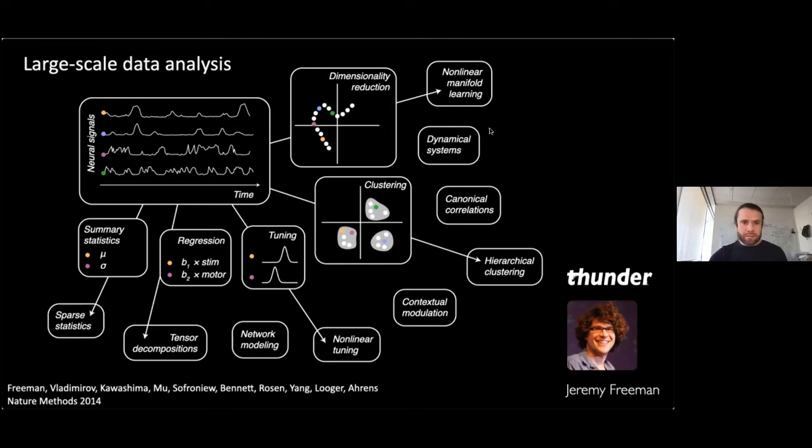He implemented techniques for dimensionality reduction, clustering, fitting tuning functions, performing linear regression, summary statistics, and so on. These algorithms are still in use, although since then a lot more advanced methods have come out for parallel computing.